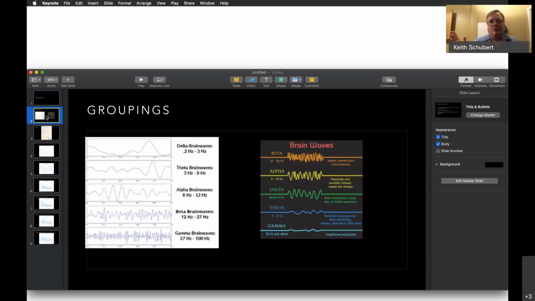All right, so let me break down. I found some nice pictures on the web, and one of the things that I think is important to understand when we're talking about these brainwave ranges is that there is no agreement on the exact frequency ranges for the brainwaves. The general areas are absolutely agreed on.